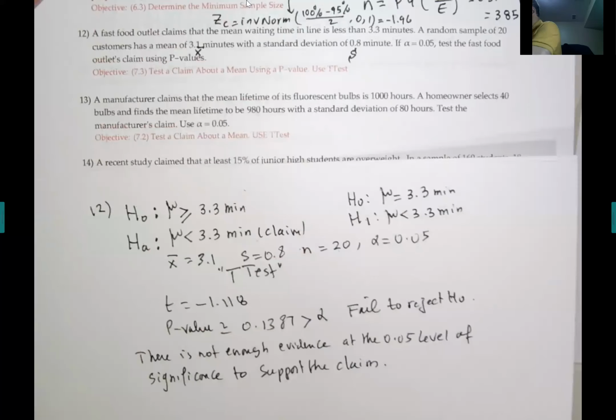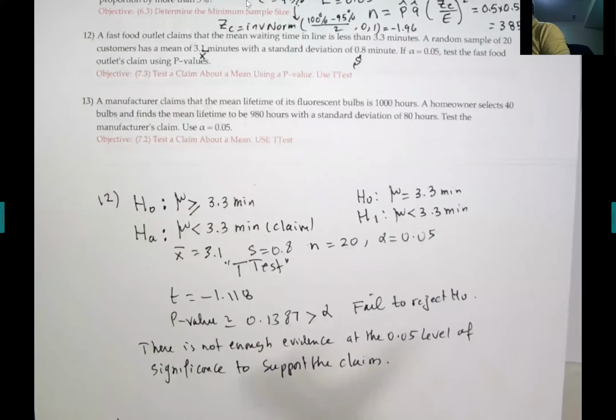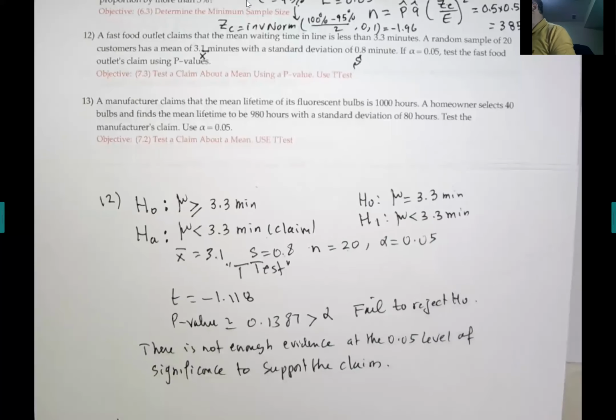All right, so 13. A manufacturer claimed that the mean life of its fluorescent bulbs is 1,000 hours. A homeowner selects 40, so N is 40, and finds the mean life to be 980 from the sample. So that's X bar, guys.